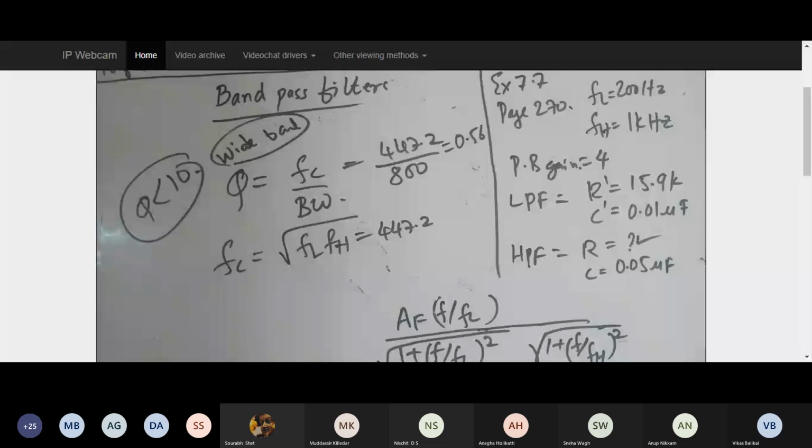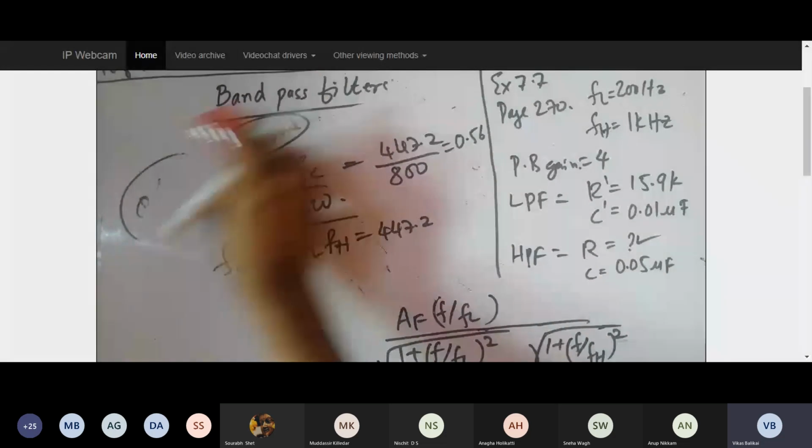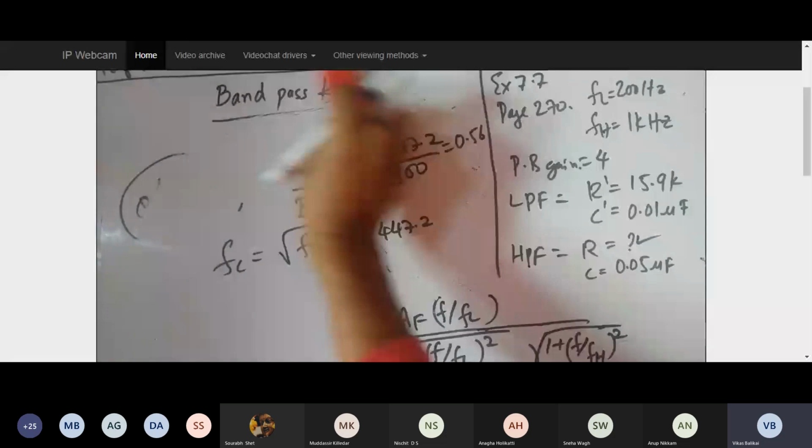Here is one more problem I'm going to consider for the second order high pass filter.